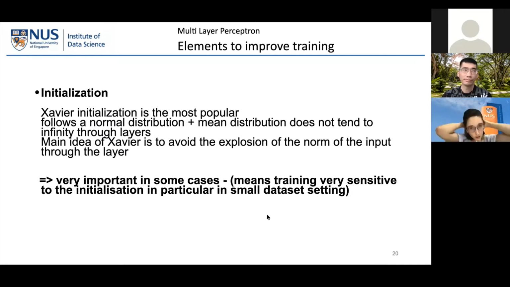Okay, and now I would like to introduce you to some elements that you will come across if you implement neural networks, or use them for your research or project, that are important to improve training. First thing you should be aware of is that the initialization is very important.